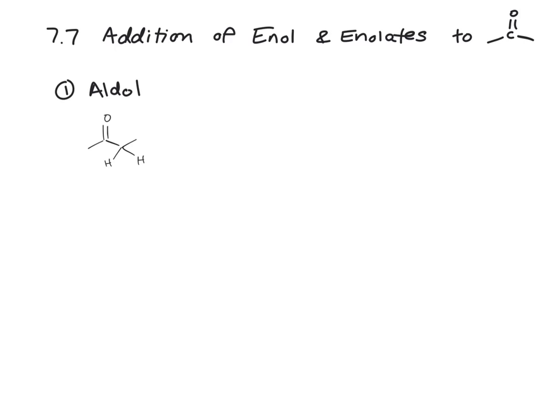So the last topic to cover for Chapter 7 is the addition of enols and enolates to carbonyls. So I'm just going to sketch the overall reaction. You have a base that's going to deprotonate an alpha carbon, and we're going to end up with this guy, and he is resonance stabilized, like so.